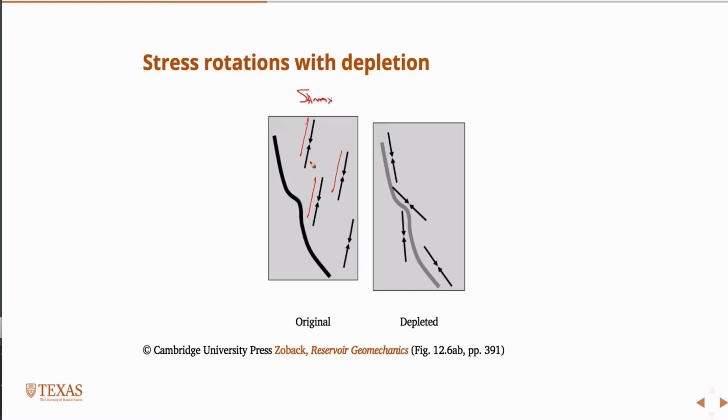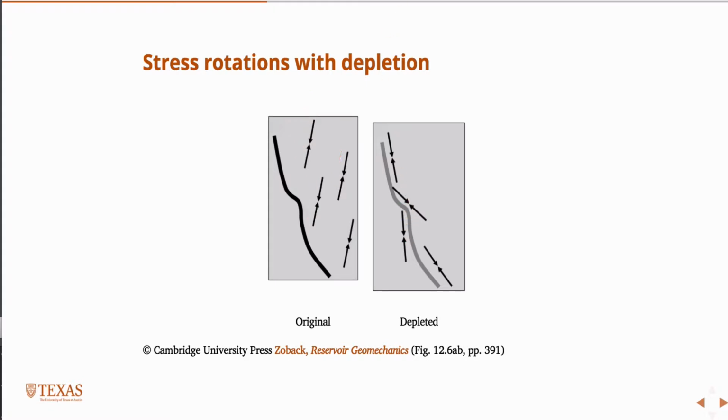After some depletion, some local observations with tiltmeters and other things seem to indicate that the stress reorients locally. When I say locally, I mean near the fracture, right? The stress tends to reorient near the fracture after some depletion to align with the fault plane.